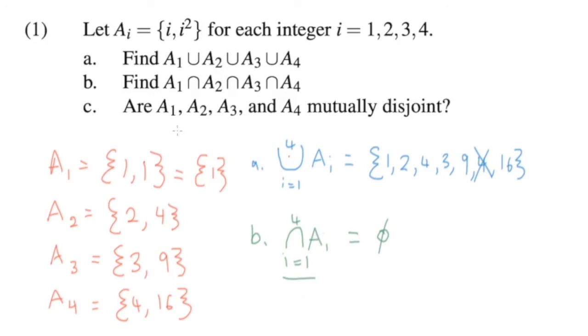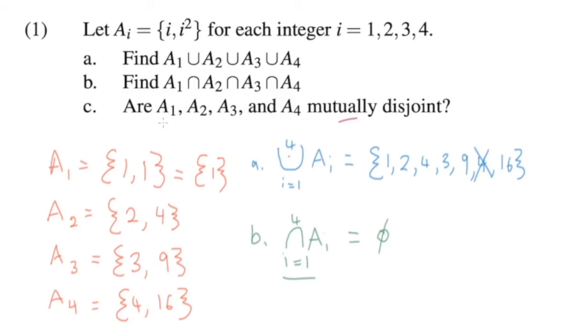Okay, the last question: are A1, A2, A3, A4 mutually disjoint? Now we know from the last slide that mutually disjoint means that we pick any two pairs in these 4. So A1 and A3, A2 and A4, A2 and A3, any pair we like. If we pick any pair, their intersection is empty.